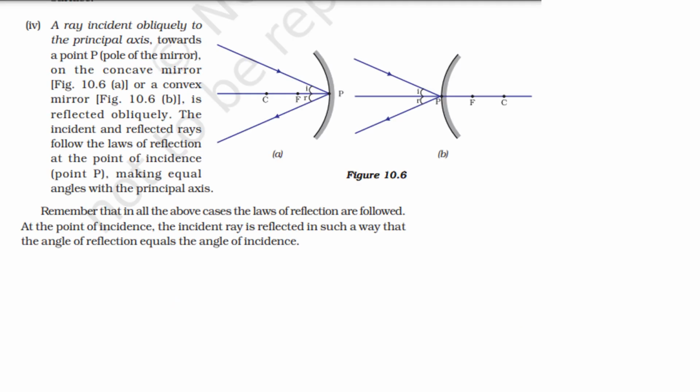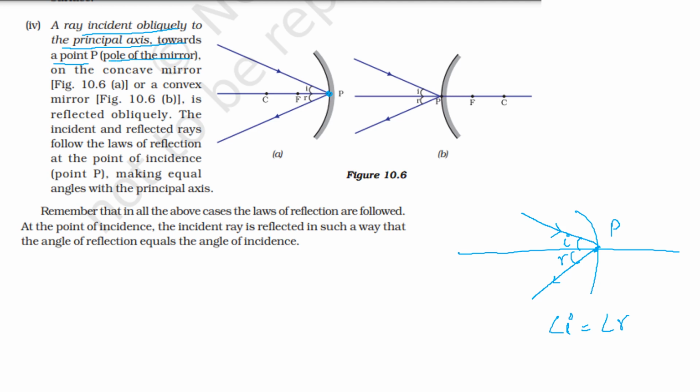One more last rule is there, where a ray is incident obliquely to the principal axis towards a point P, which was the pole, the center of the mirror. So if a ray of light is passing through the pole, after reflection it follows the rules of reflection and makes the same angle. This was the incident angle and this is the reflected angle, and angle I is equal to angle R. That's how the ray is passing back.